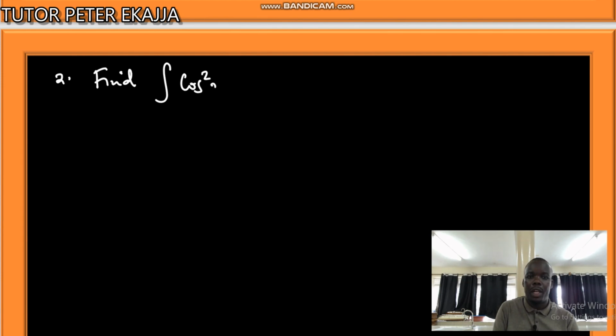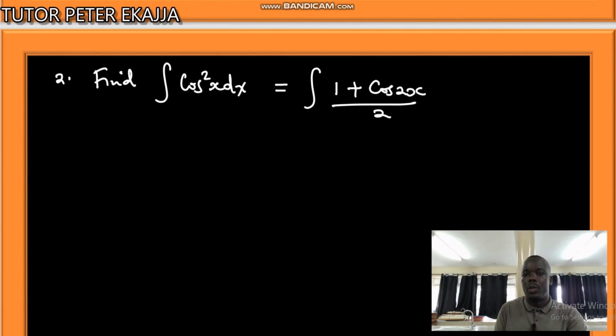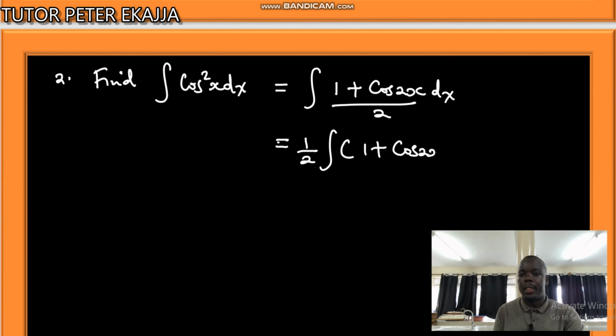Now, if you're to find the integral of cos squared with respect to x, it's a matter of knowing that cos squared x is actually the same as 1 plus cos of 2x, all this divided by 2, with respect to x. A half being a constant, you have to have it out of the integral sign. Integral of 1 plus cos of 2x, all with respect to x.